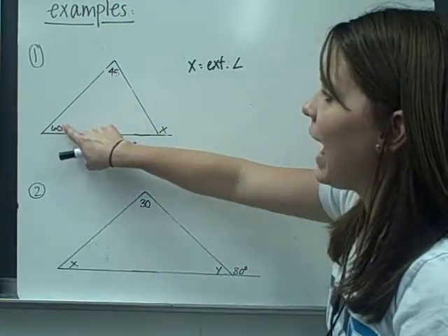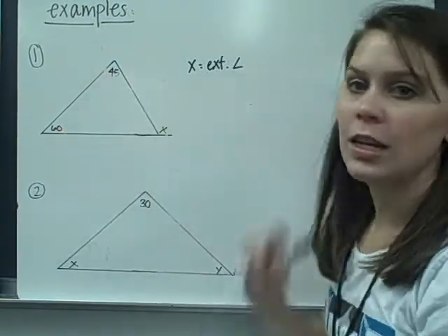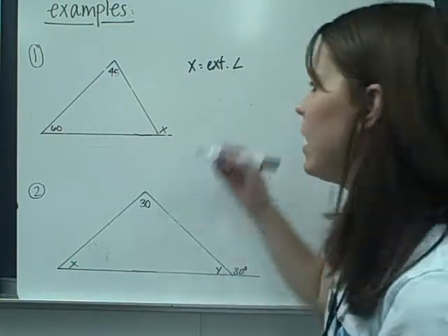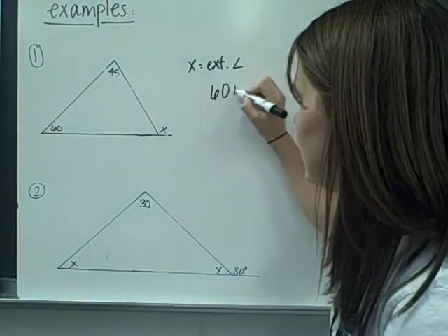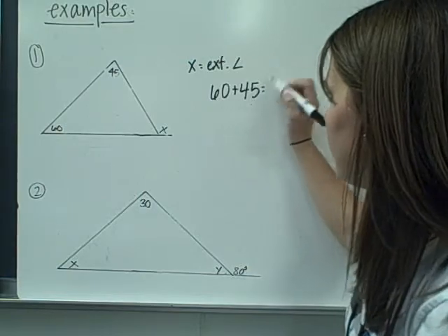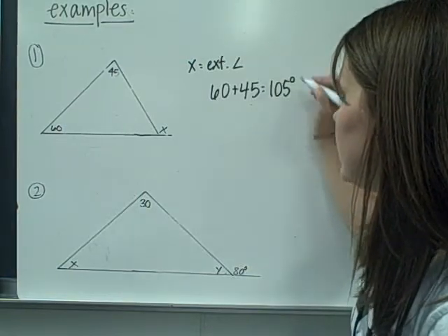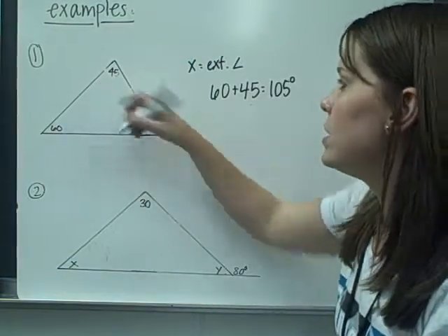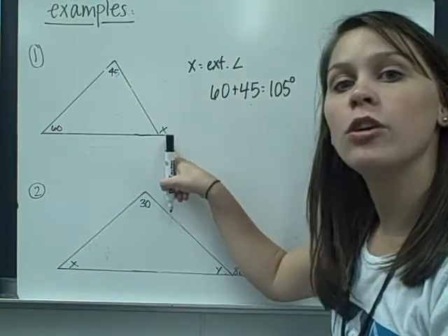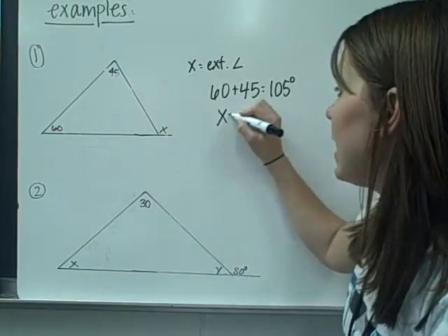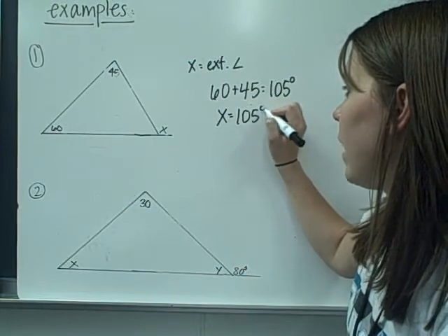So we know if we add them together, it should equal the exterior angle. So 60 plus 45 is 105. So the sum of our remote interior angles is equal to your exterior angle. So my exterior angle is 105 degrees.